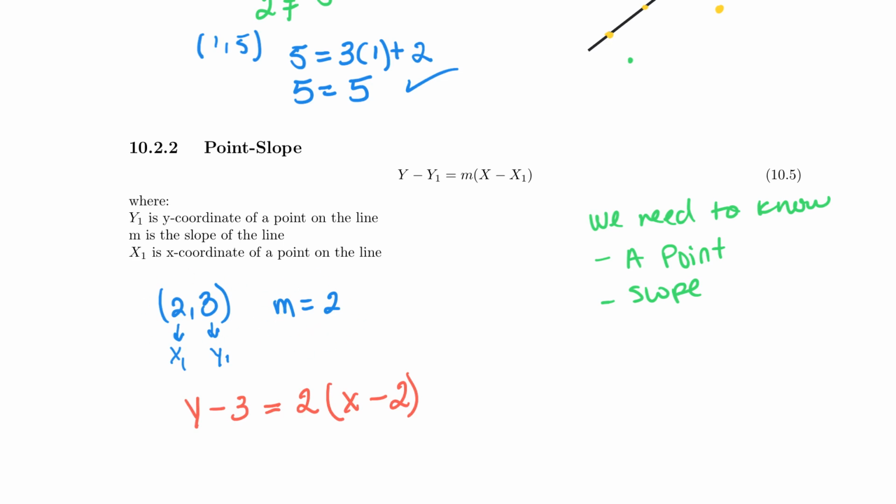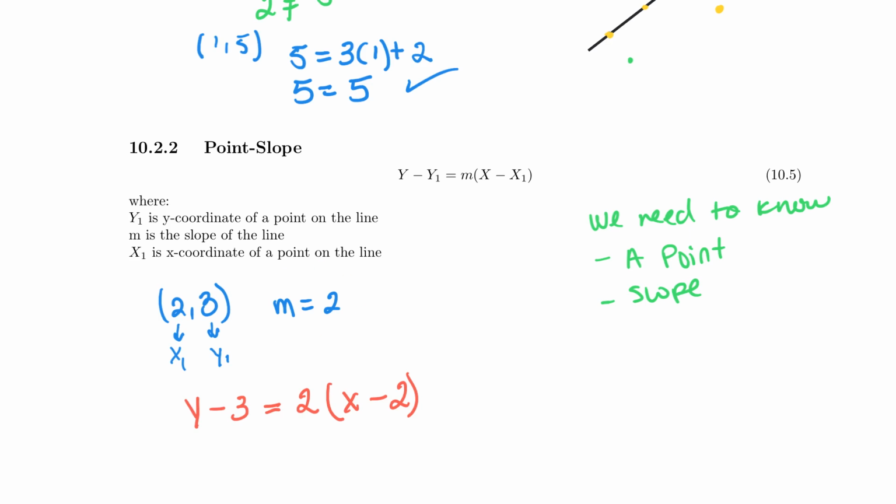Again, for the line equation, we need to have two unknowns, the y and the x, because based on this equation, we can verify if a point belongs to the line or not. Here we created the equation of a line that contains point 2, 3 and has a slope of 2.